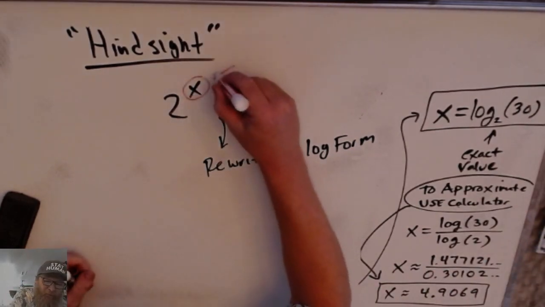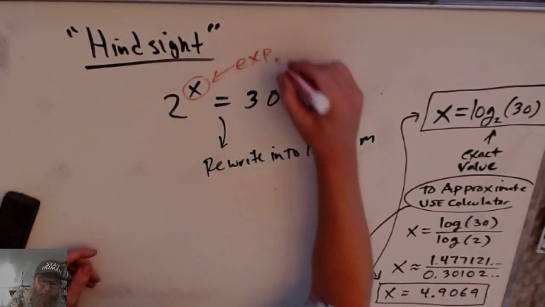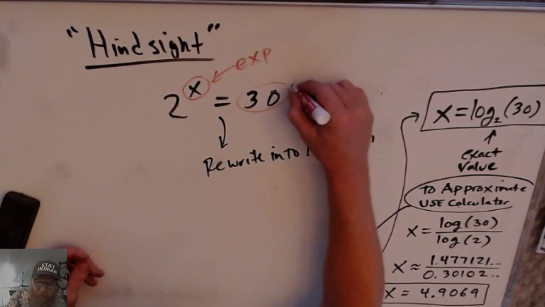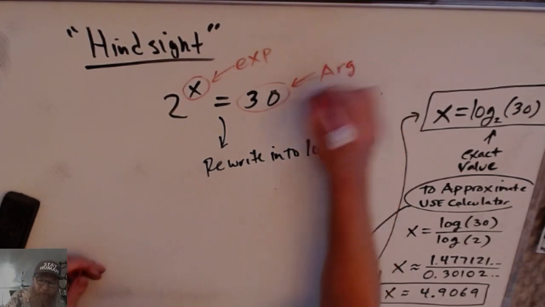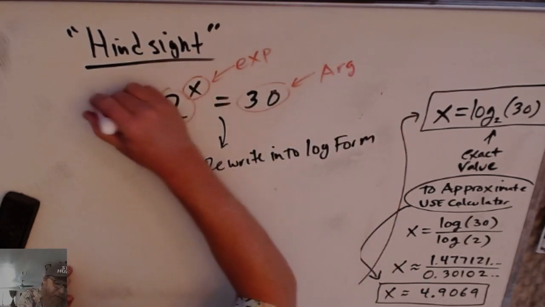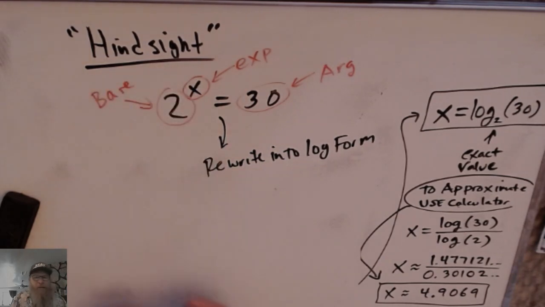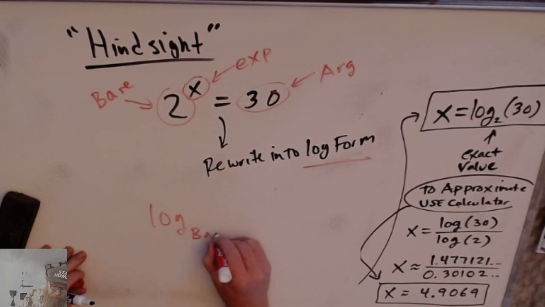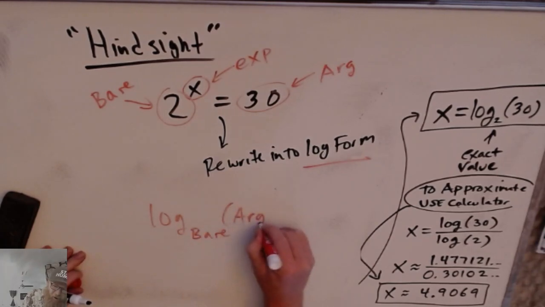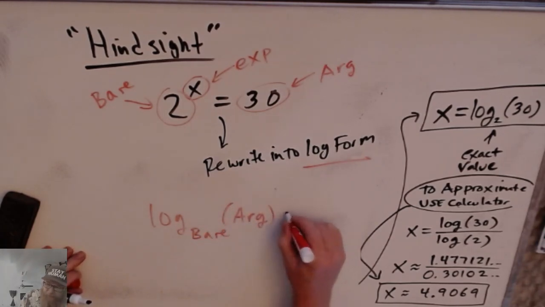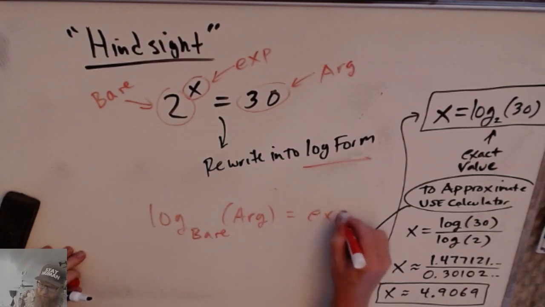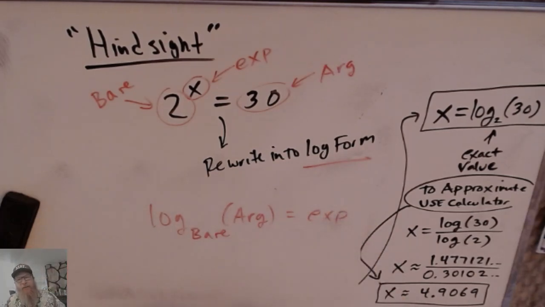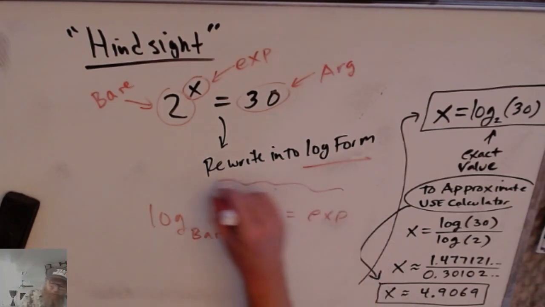You have your exponential, you have your argument, and you have your base. So the log form is log base arg equals exponent. All right, remember that?